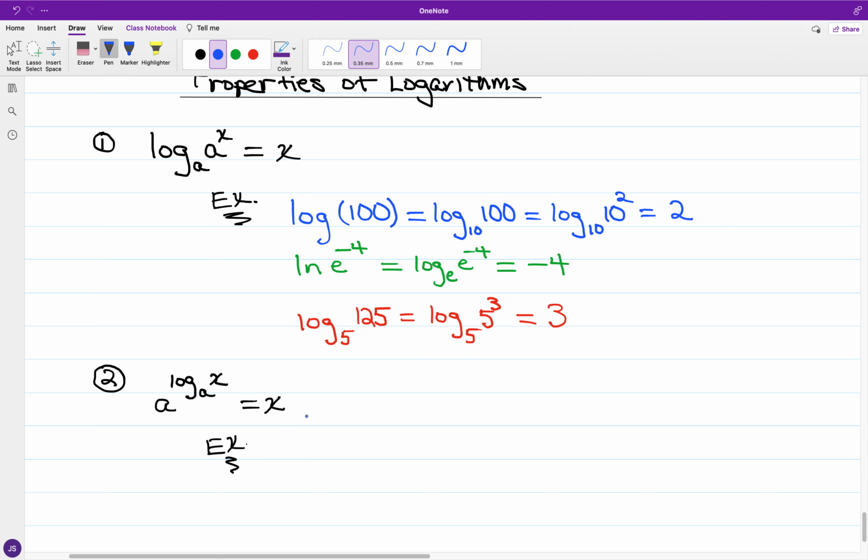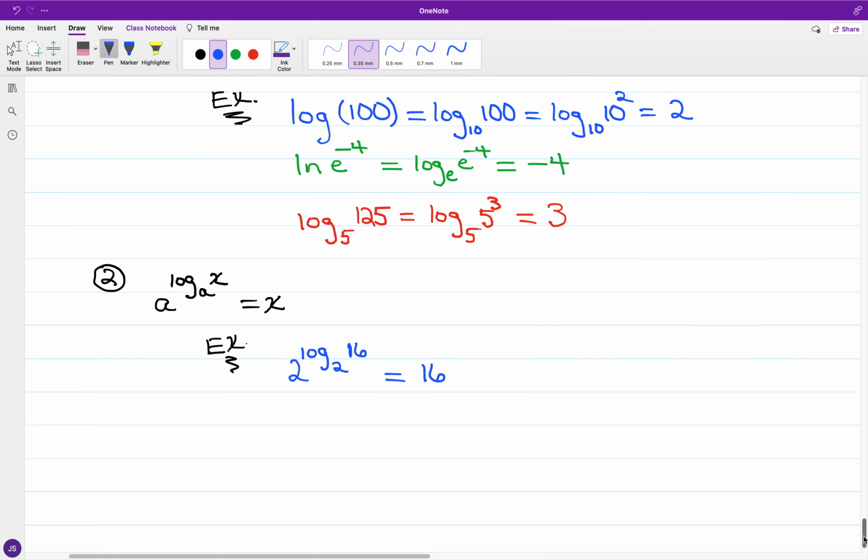And just some of the instances here: if I have something like 2 to the base 2 logarithm of 16, your a is 2, the base a logarithm is a base 2 logarithm, and x is represented by 16. So that is equal to 16.